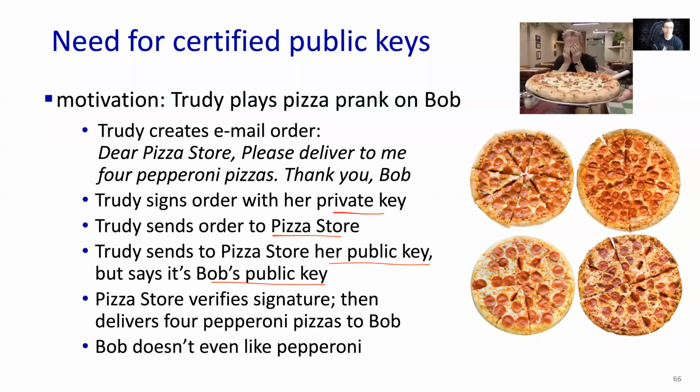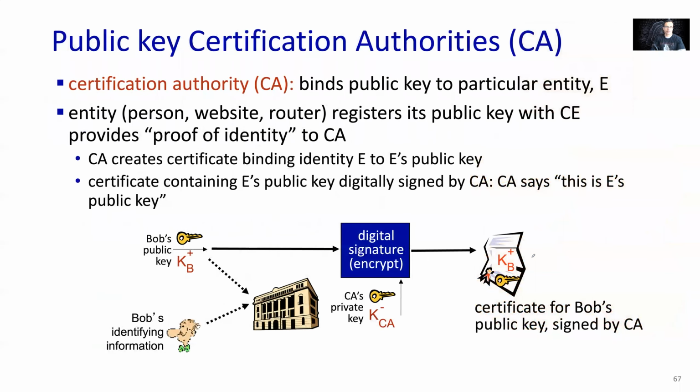So Trudy would be actually able to fool the pizza store, and the pizza store would send 4 pizzas to Bob, even though he probably doesn't even like pepperoni pizza, right? So again, this is a sort of kiddish example, but it's again making the point that this same attack is also relevant here when we discuss digital signatures.